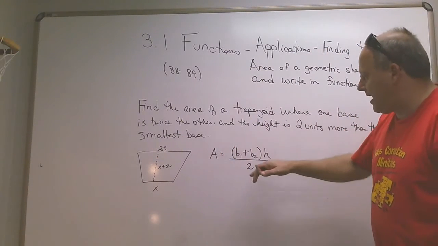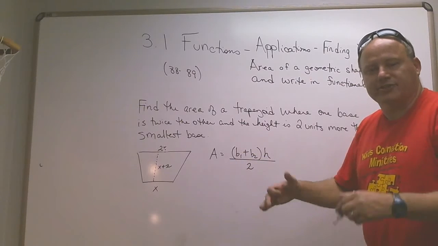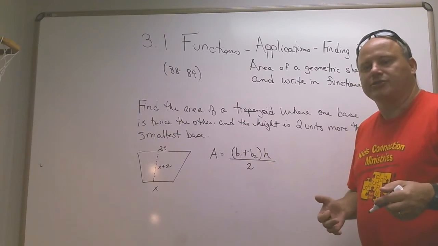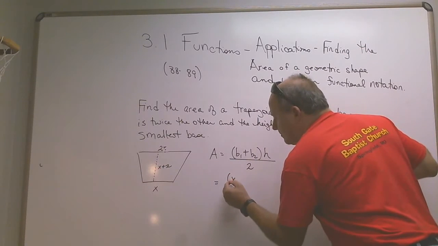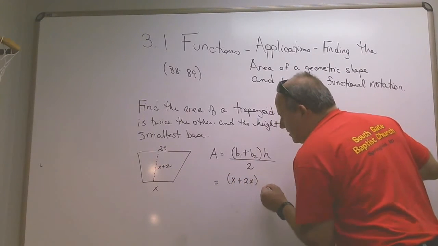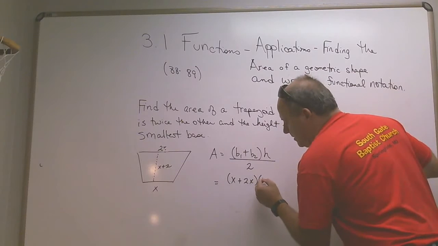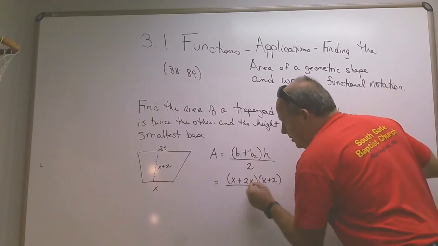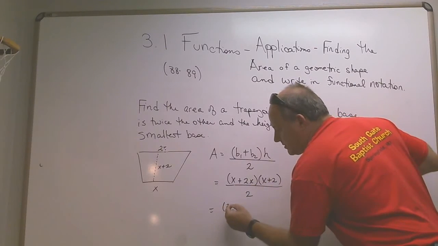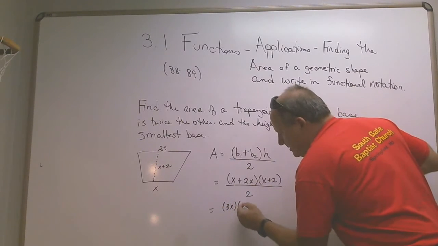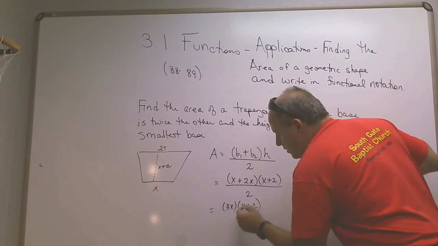So based on that, I can just plug those into the formula, and they're just x's. And now I have a function based on what x is. The sum of the bases would be x plus 2x, times the height, which is x plus 2, divided by 2. Of course, x plus 2x is 3x, and it's times x plus 2 over 2.